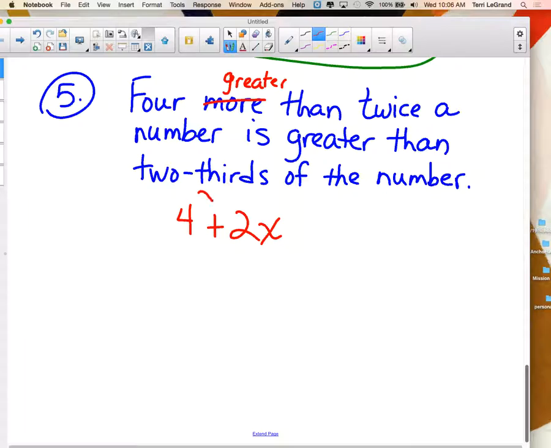Well, remember, x is what then? We always describe our x. X is the number. The number they're talking about in the problem. X is the number. So 4 plus 2x, 4 greater than, 4 more than twice the number.